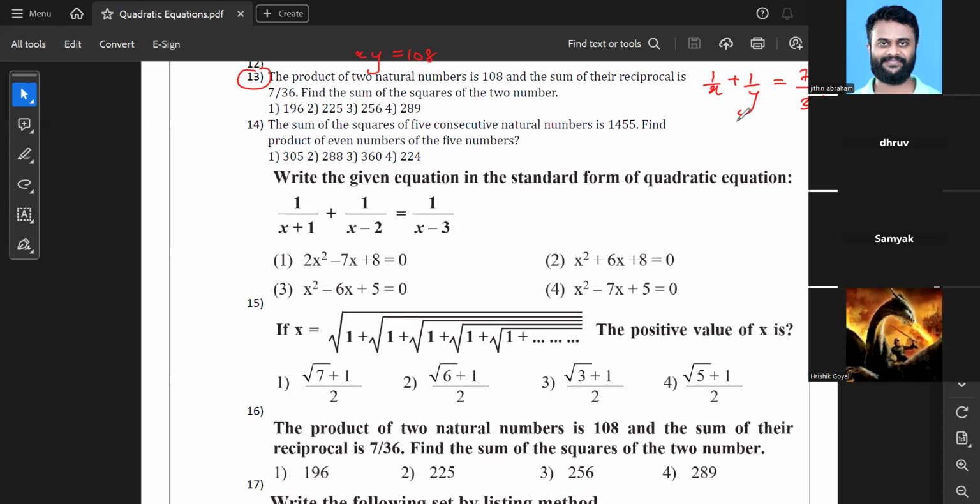Could it be 1 upon x? Let me just explain. I'll try to find the sum of the squares of the two numbers. So basically, what they're asking is x square plus y square.